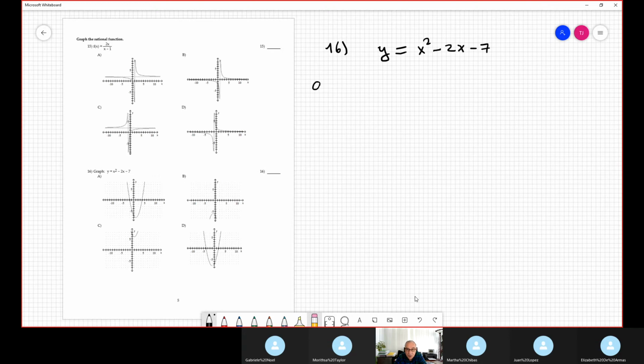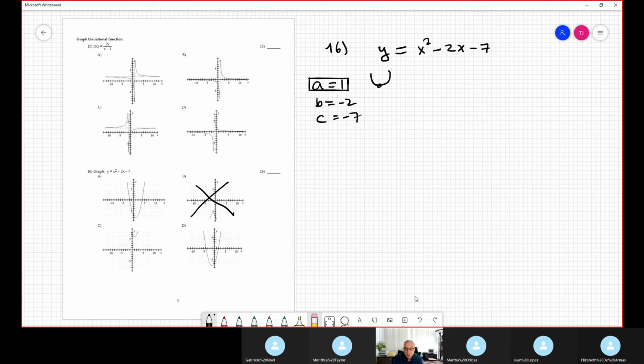Well, a is 1, b is -2, and c is -7. It's obvious that this parabola opens up because a is positive. The direction the parabola opens is controlled by a. If a is positive, it opens up. If it's negative, it opens down. Since it opens up, immediately I discard this possibility. It's completely wrong. So we have A, C, or D.